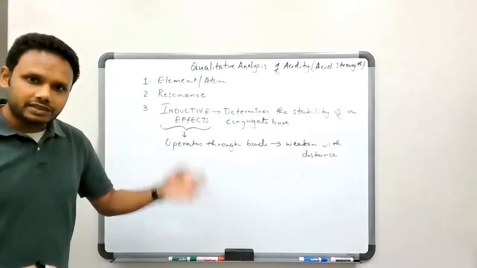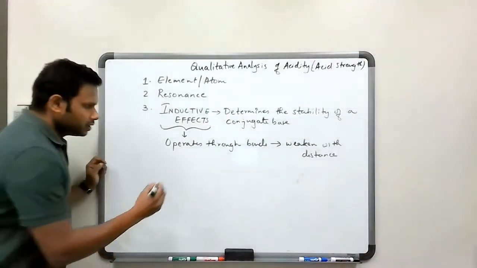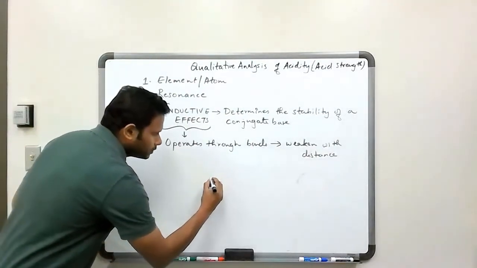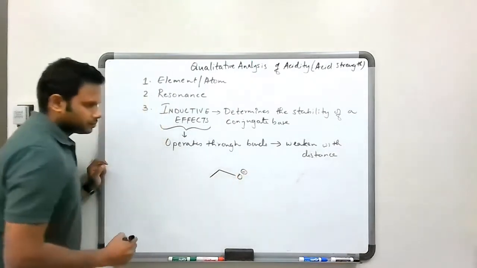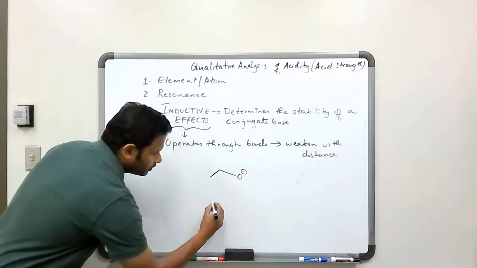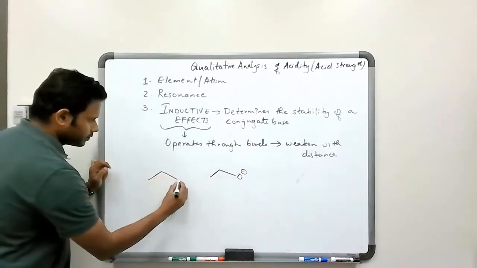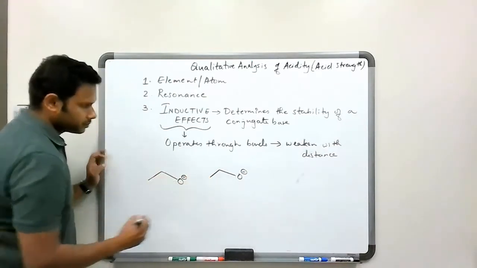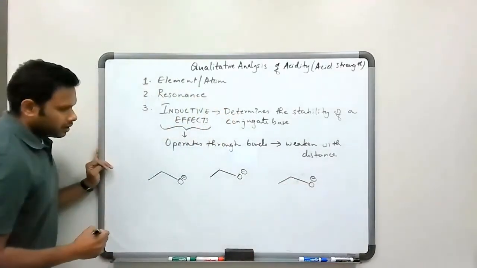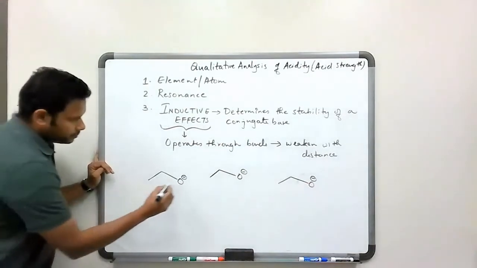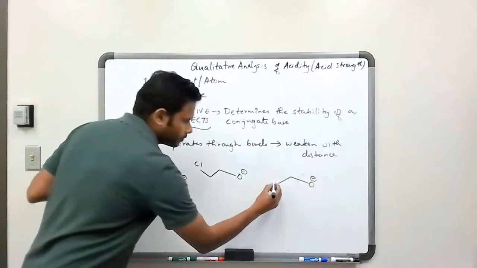We'll look at a specific example to talk about what we're saying here. So let's compare a few molecules. Let's say we have O minus, and O minus, and I'm going to add one chlorine here.